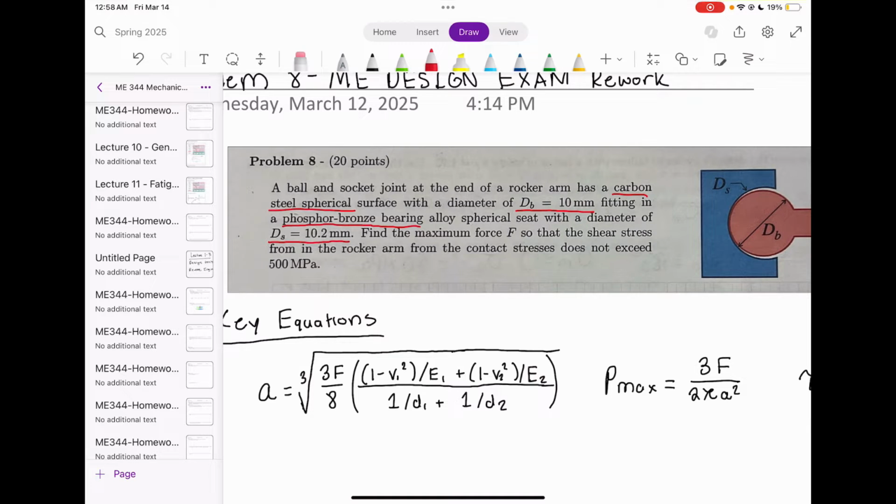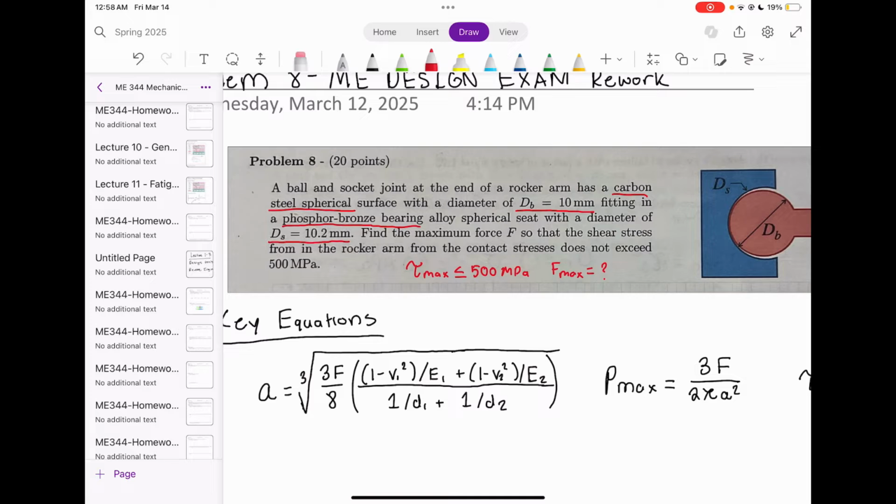The problem statement gives us the maximum shear stress, which cannot exceed 500 megapascals, and we are trying to find F max.